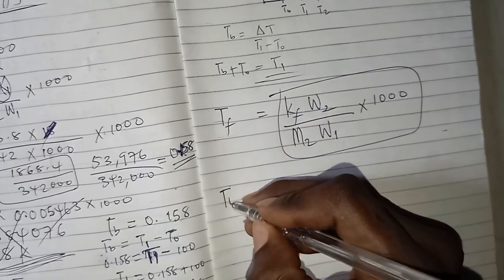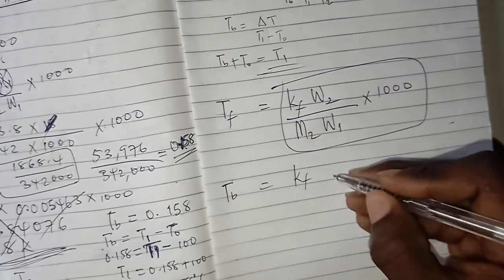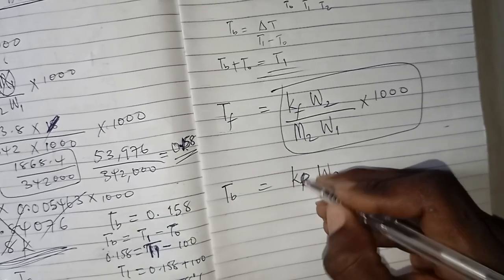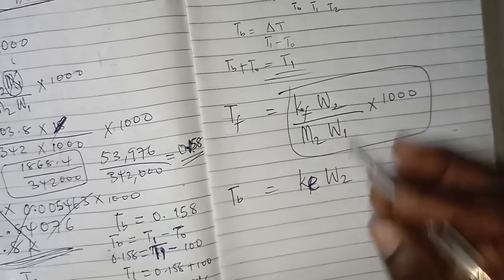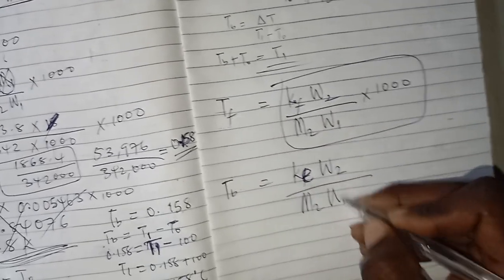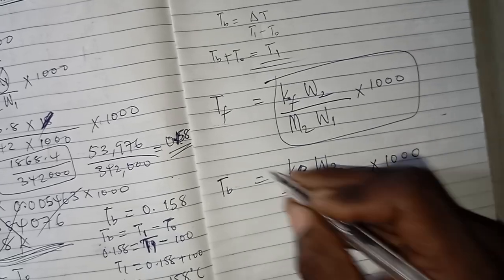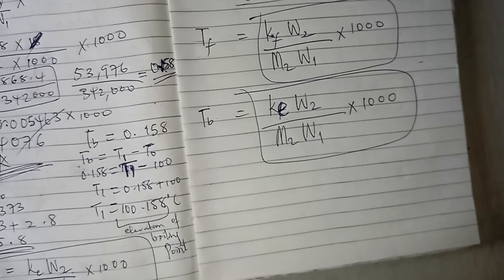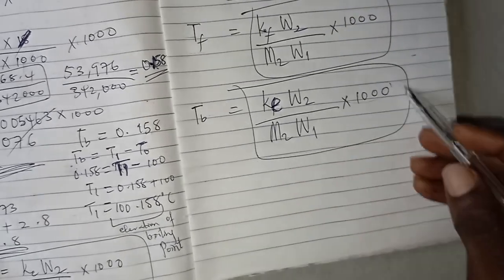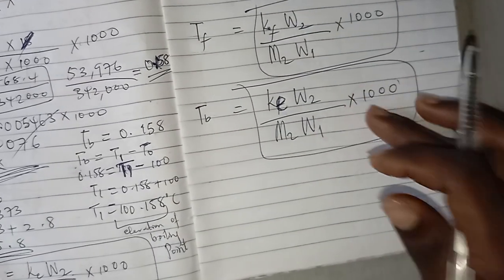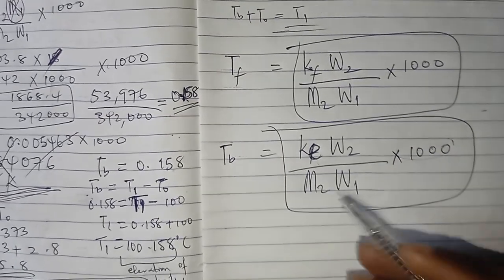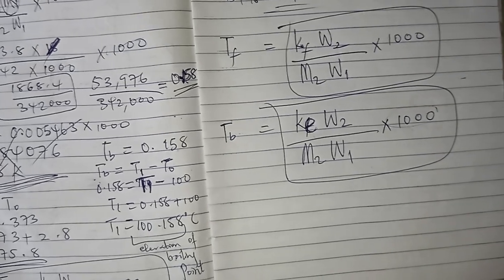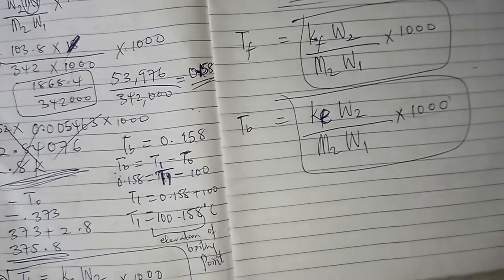While for TB we use KE, the Ebullioscopic constant, and KF is the Cryoscopic constant, all over M2 W1 times 1000. Very important. It is the same as our normal formula we are using, but on the assumption that there is always 1 mole of solute in 1000 gram solvent, it was taken that the M1 should be kept constant. So once you know this, we are good to go.